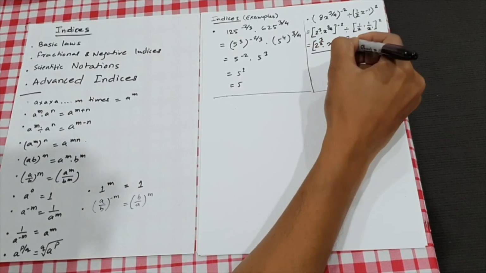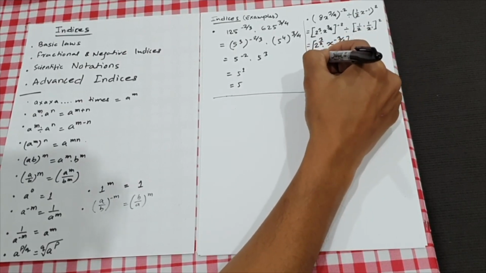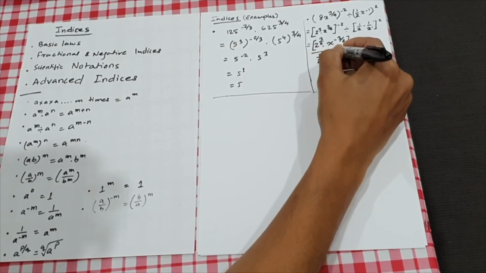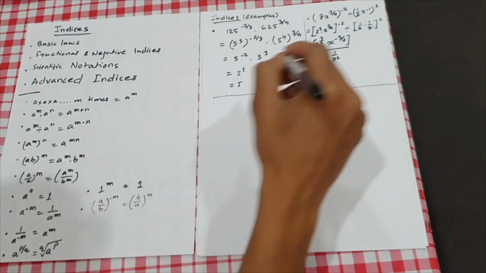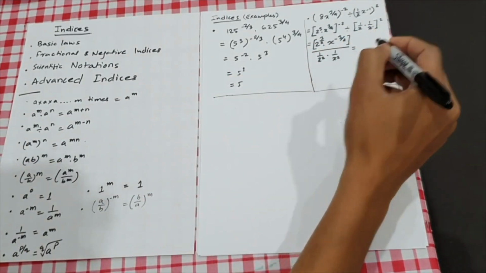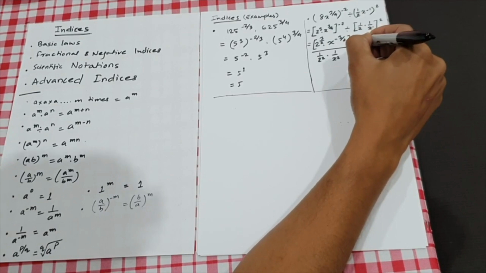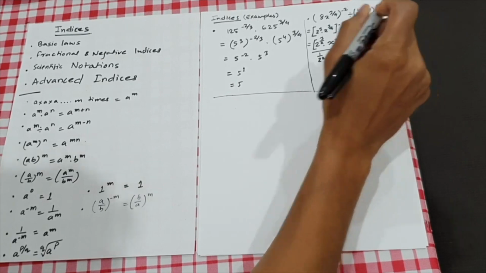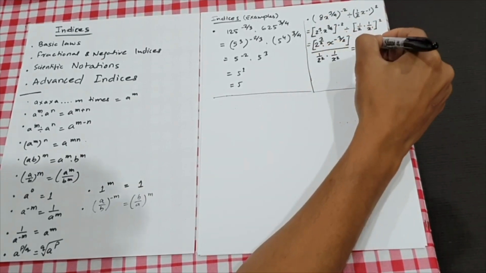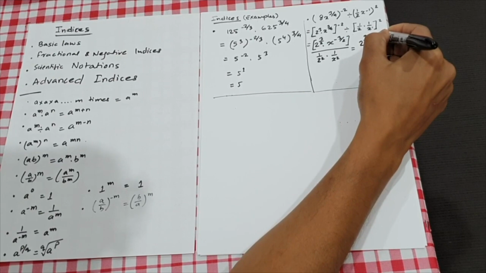So I can write this below. 1 by 2 squared times 1 by x squared. The numerator, I'm not changing this for now. So I keep 2 to the power 3 by 2. This is 2 to the power 3 by 2 remains as it is. And this is x to the power minus 3 by 2.